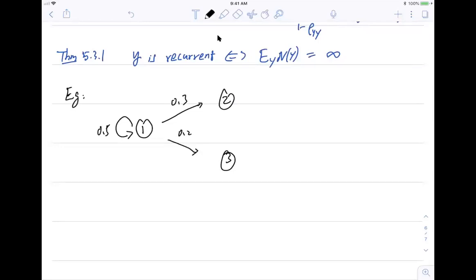From 2 it reaches 3, and here it is 0.7. This is just an example, I just want to give you an example.